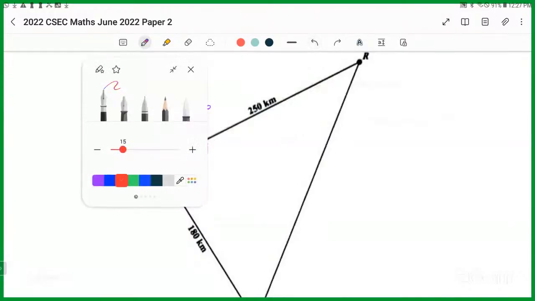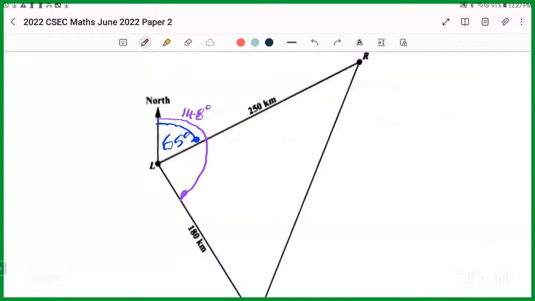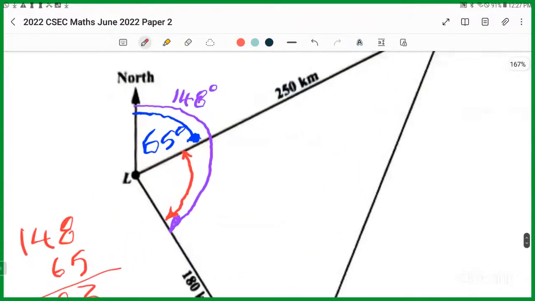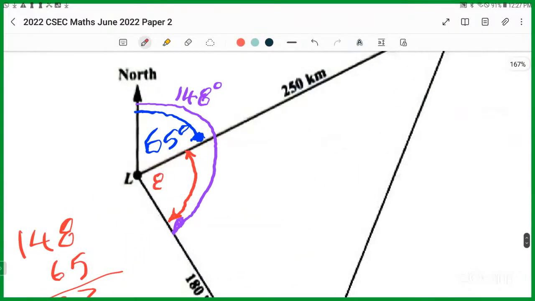Let's put that angle here in red. So that's 148 minus 65. That is 83 degrees. So this angle is 83 degrees.